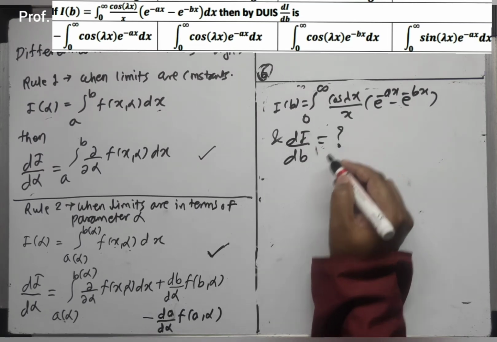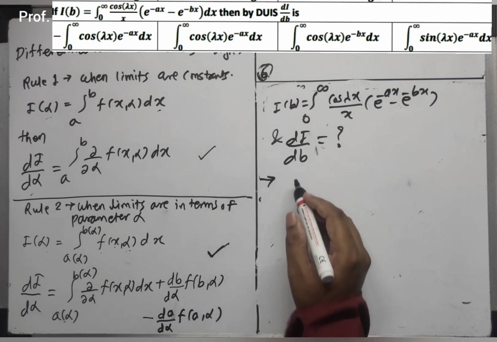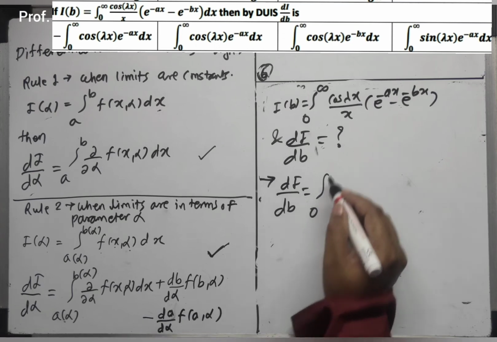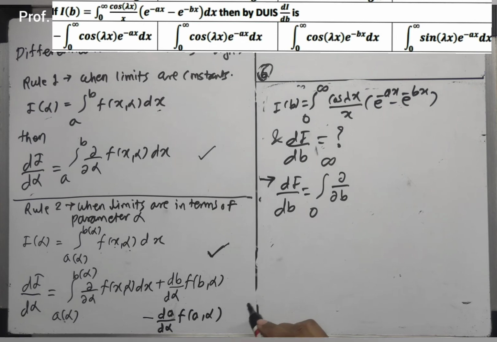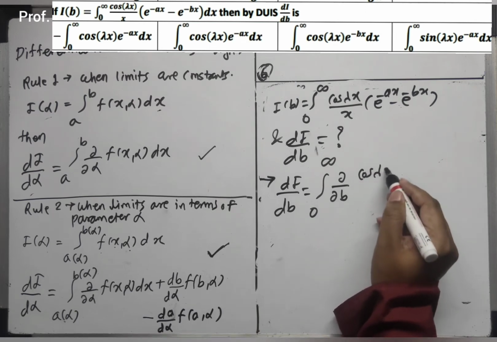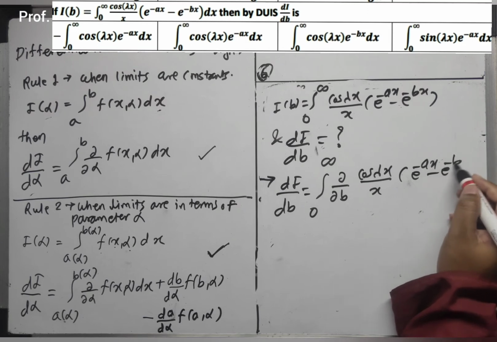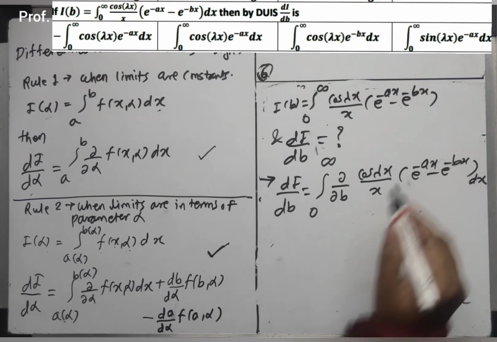They are asked to find out the derivative. Okay, limits are constants, means you have to use the rule number 1. di by db will be equal to integration 0 to infinity, the derivative you have to consider partial del by del b of cos lambda x upon x into e raised to minus ax minus e raised to minus bx dx.